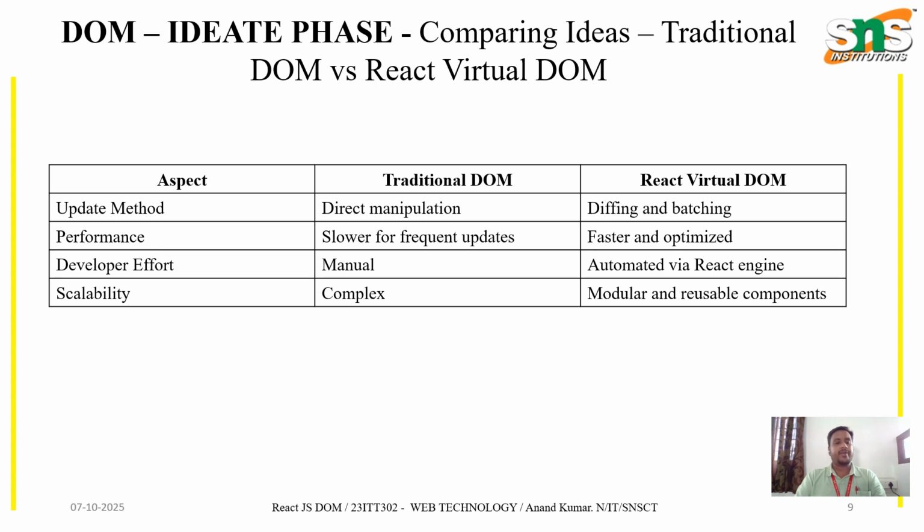In developer effort, the traditional DOM requires manual work, while the React virtual DOM is automated via the React engine. In scalability, the traditional DOM is complex, whereas the React virtual DOM offers modular and reusable components.